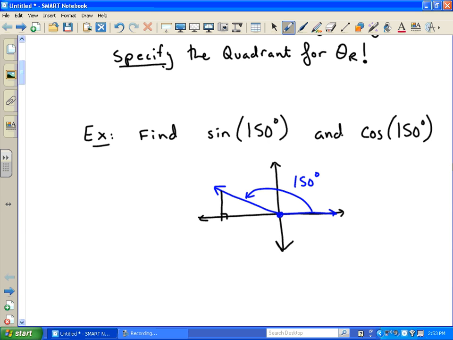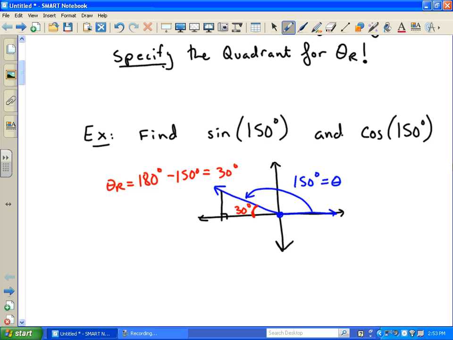What that does is it creates a reference angle in that triangle. In this case, the original angle is 150 degrees. The reference angle is 180 degrees minus 150 degrees, which is 30 degrees. So I'm going to go ahead and label that inside my angle.